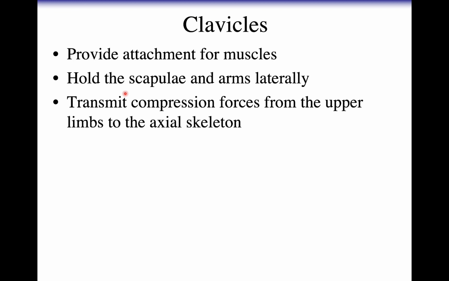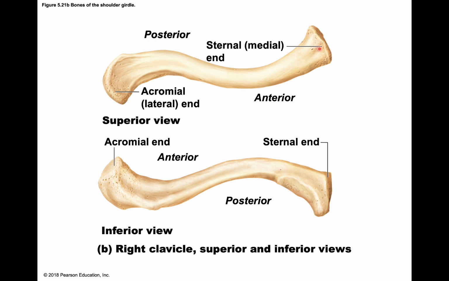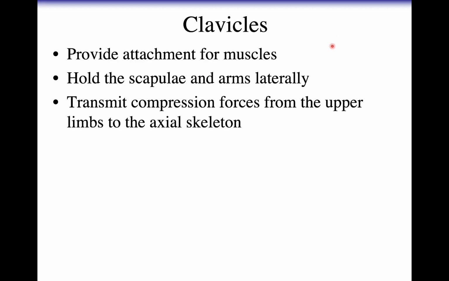The clavicles will also hold the scapula and arms laterally, and it'll transmit compression forces from the upper limbs to the axial skeleton, because remember, your axial skeleton is your head, neck, your trunk, which includes rib cage and your sternum. If you take note from the last slide, the clavicle has a direct joint with the sternum. So the clavicle, which is part of the appendicular skeleton, directly creates a joint with the sternum, which is part of the axial skeleton.